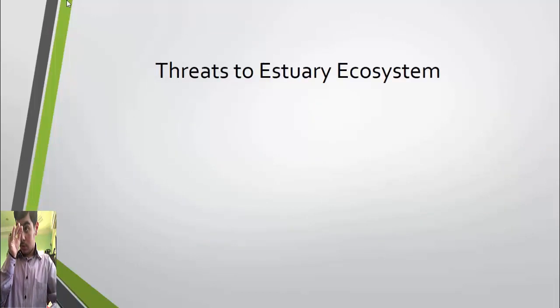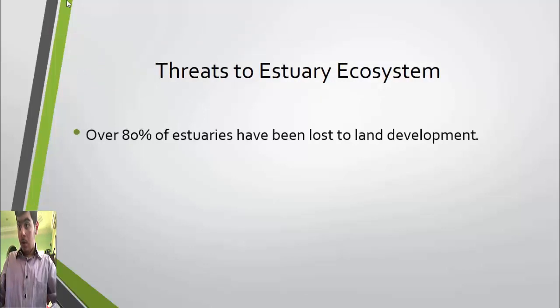Threats to estuaries. We need to know what it's all about. Over 80% of estuaries have been lost to land development. Threats means the disadvantages. So here we have two keywords: characteristics and threats.